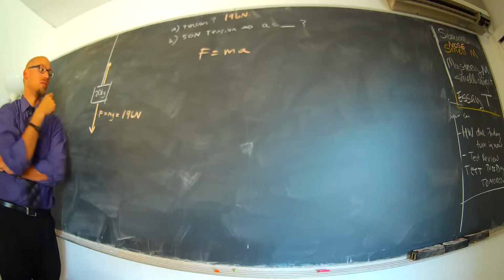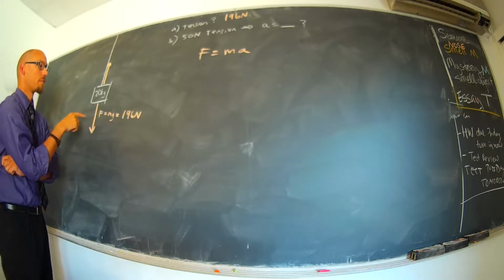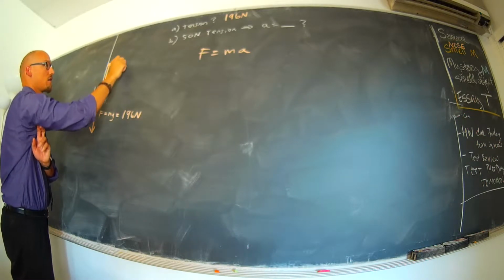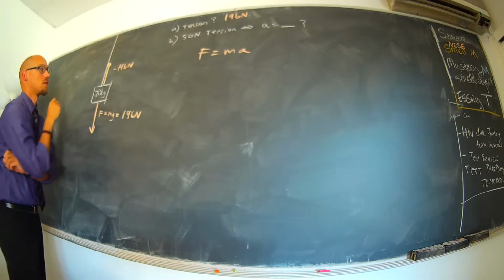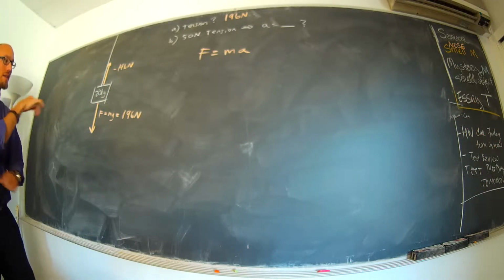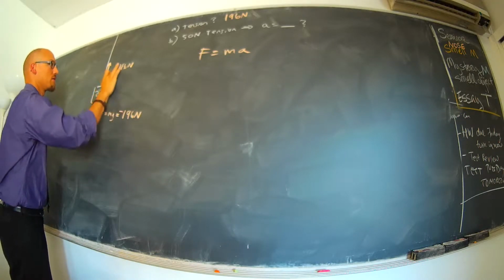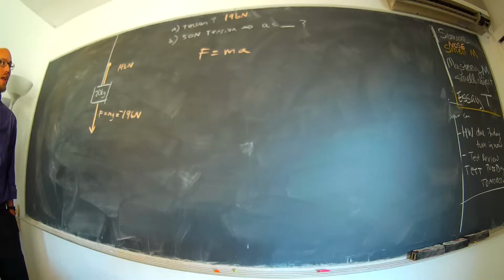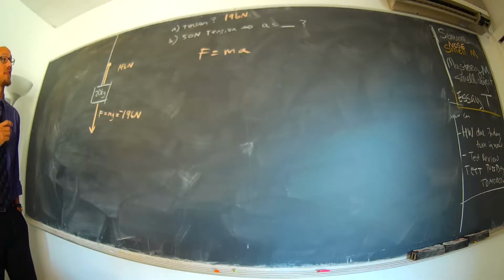So we could call this 196 newtons and this negative 196 newtons, or flip the signs around. If you want down to be minus and up to be positive, whatever blows your hair back. So that's the tension in the rope if the crate is not moving.